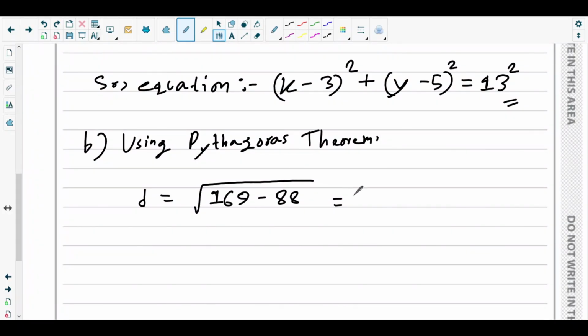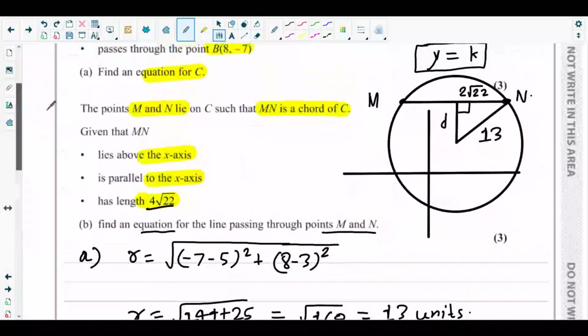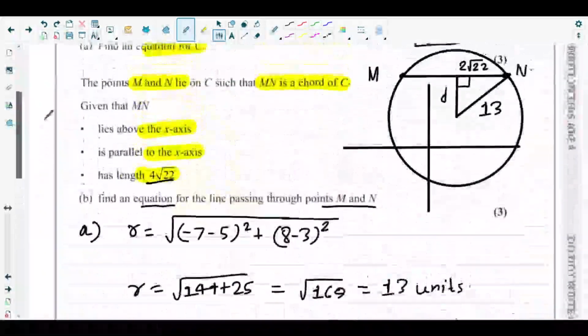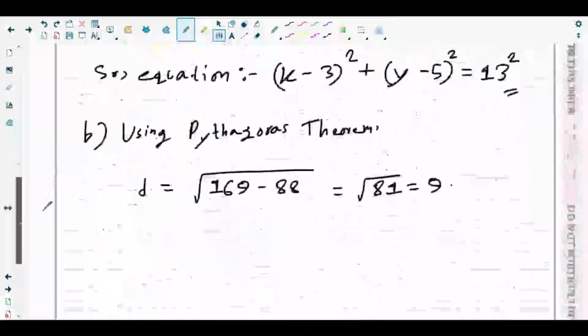So d is the square root of 81, which is 9. So the value of d is 9.